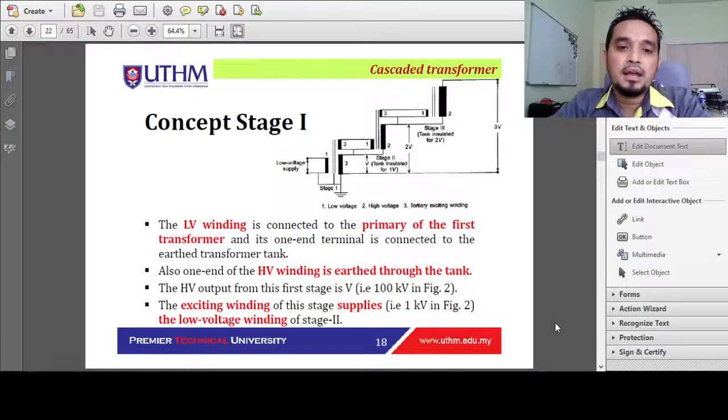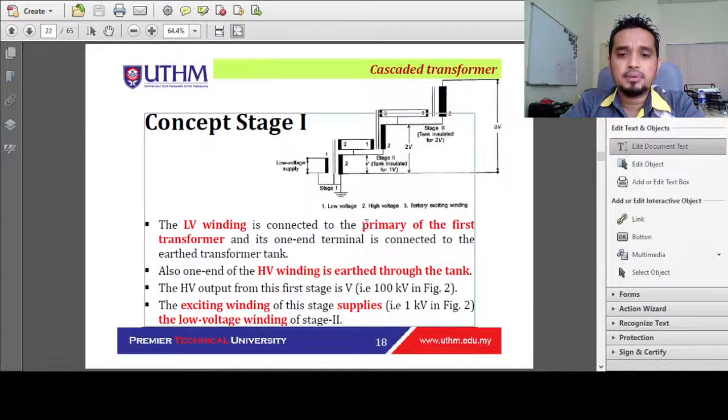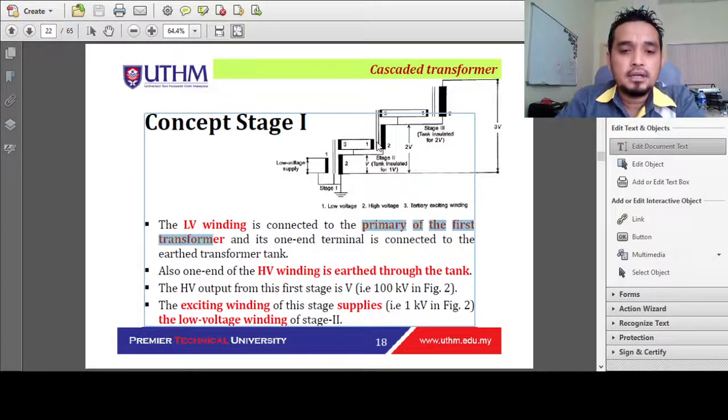This is the concept of stage 1, as I explained before. The low voltage winding is connected to the primary winding of the second transformer, and also to the low voltage winding of the first transformer.